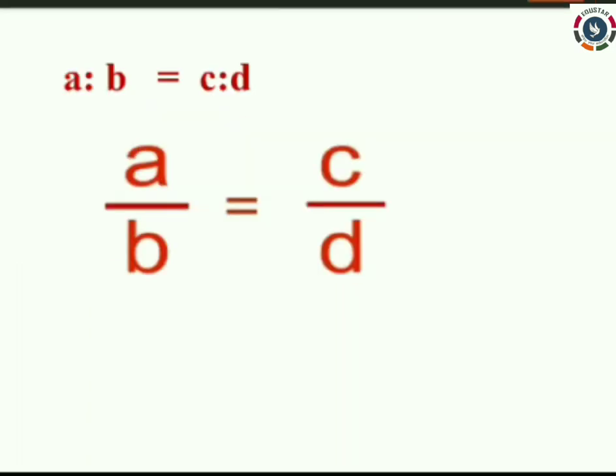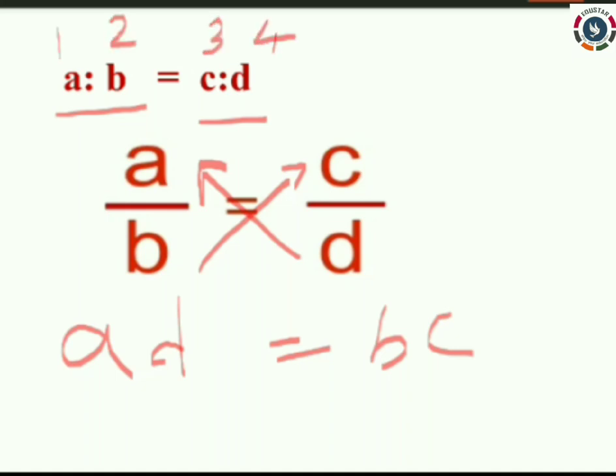Next, A is to B is one ratio and C is to D is one ratio. Now I am going to write them as fractions. For A is to B, it's A by B, and for C is to D, it's C by D, right? Now I am going to do cross multiplication.